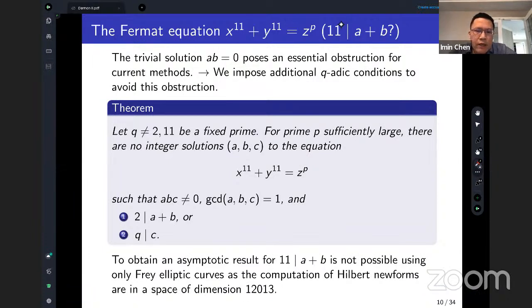So in this case, it's quite hard to get even an asymptotic result under some 2-adic or 11-adic conditions. But again, the theme of this talk is later on. I'll explain how, using ideas from Darmon's program, one can answer a question like this.